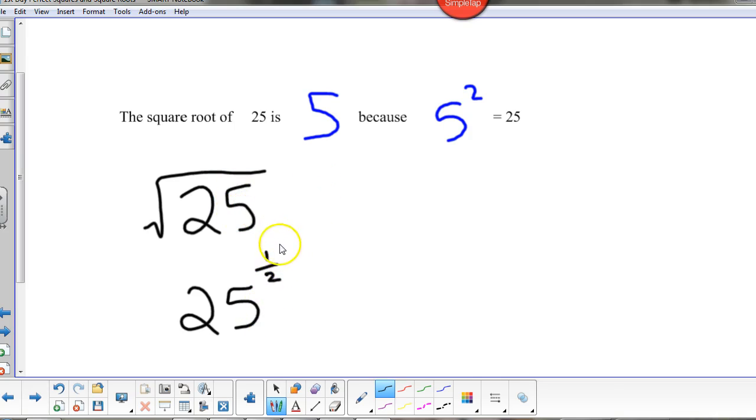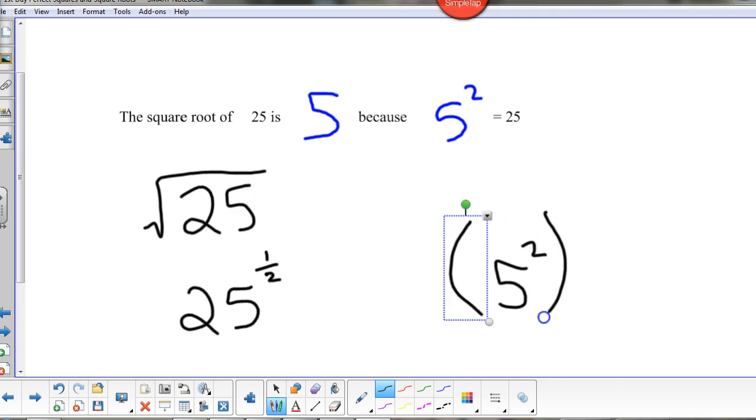But we can also use the 1/2 power. And we talked about this a little bit in one of those problems that we did in the last chapter, where we had to find the third root, or the cube root of something. We also raised it to the 1/3 power in some of our calculators. So the half power is the opposite. It's the same as the square root because it's the opposite of squaring. 5 to the second is 25.